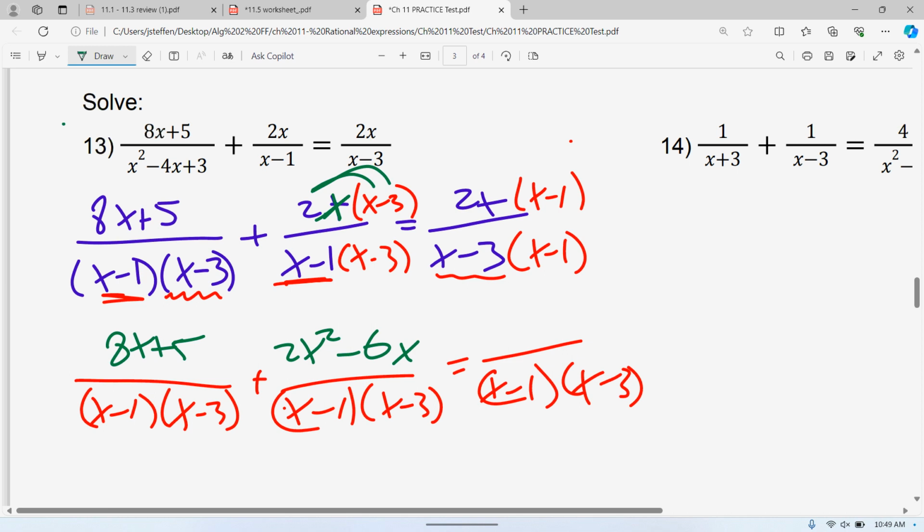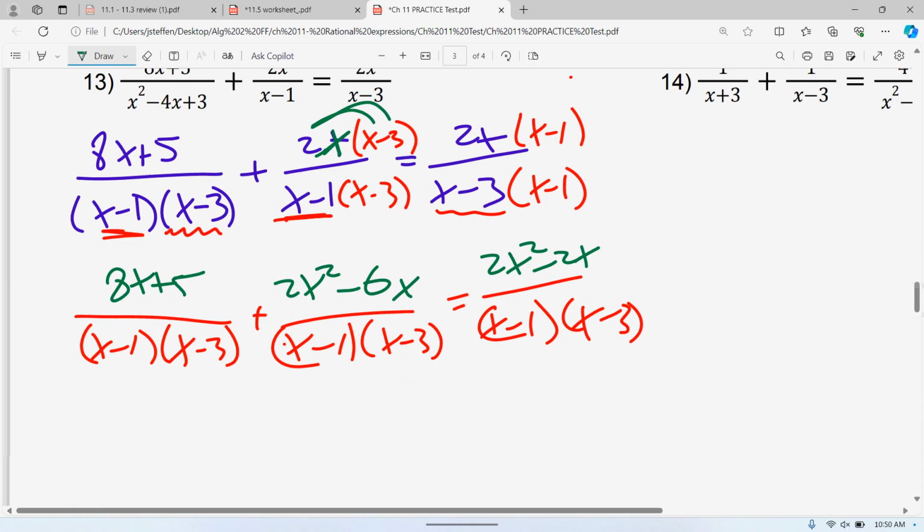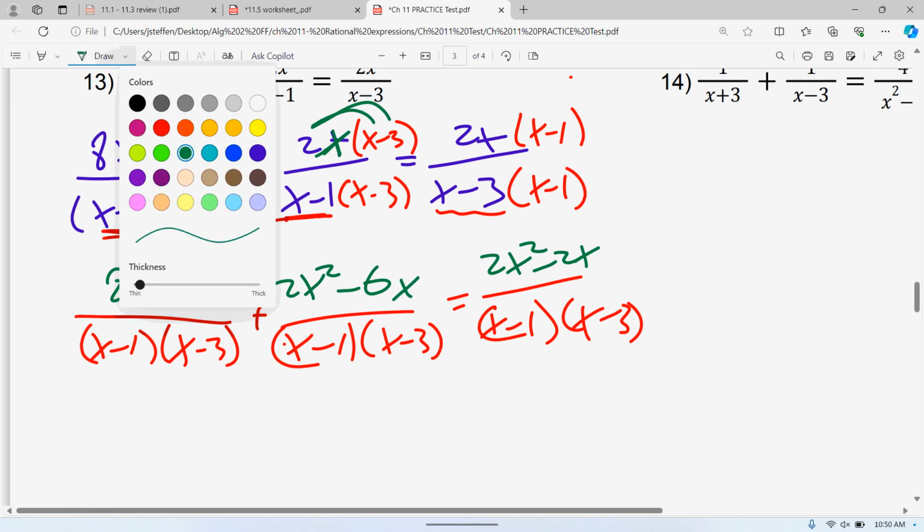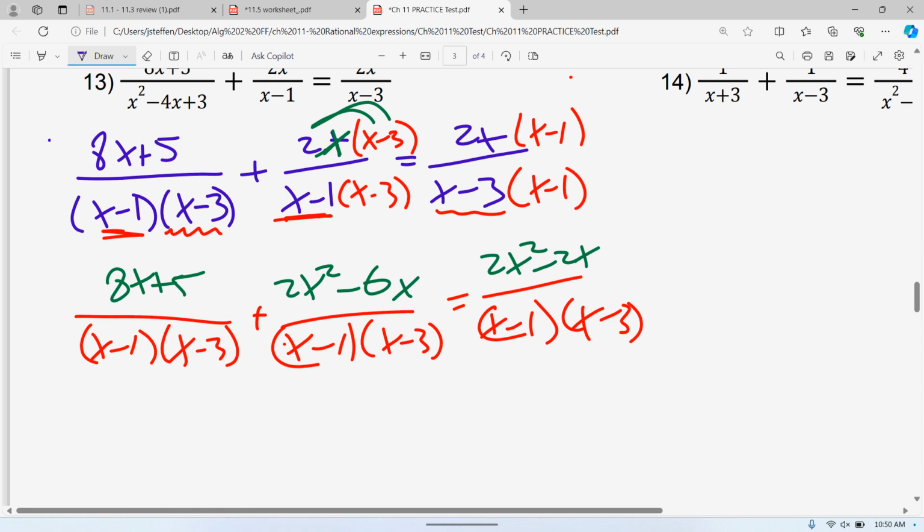Two x squared minus 2x. Denominators are the same, so we can ignore them. We have 8x plus 5 plus x squared minus 6x is equal to 2x squared minus 2x.